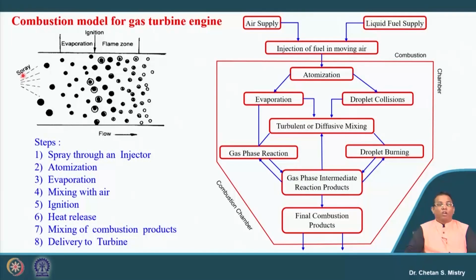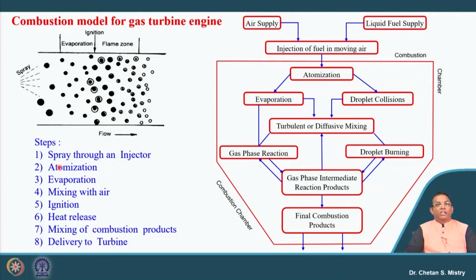And if you recall, the exhaust coming from my compressor is high pressure and high temperature air. This air will be entering inside the combustion chamber, where the fuel will be sprayed. So, the very first step is the spray through the injector.